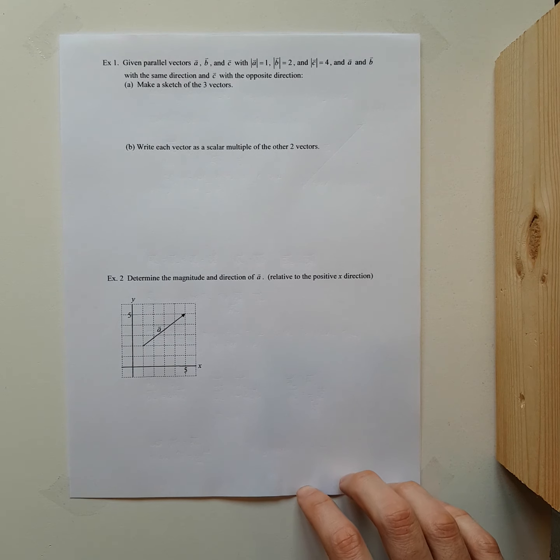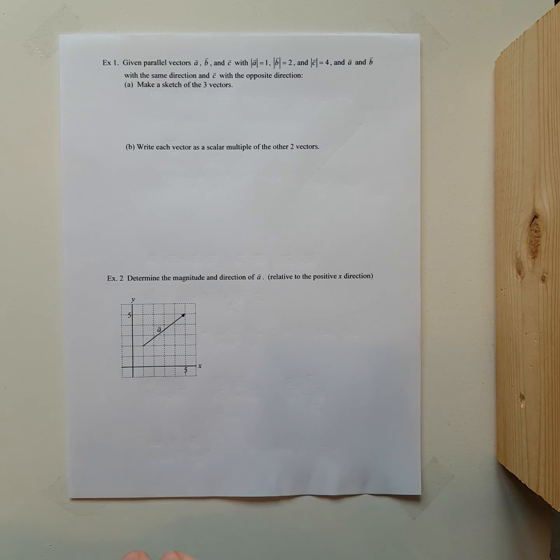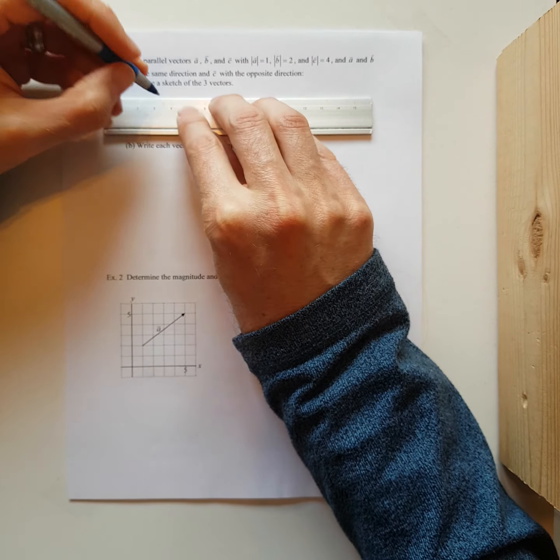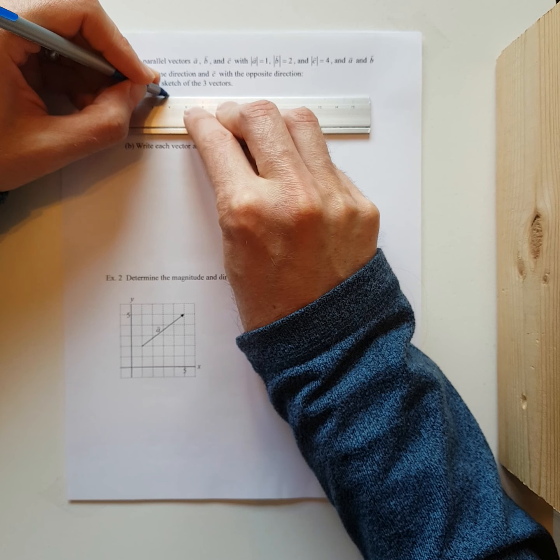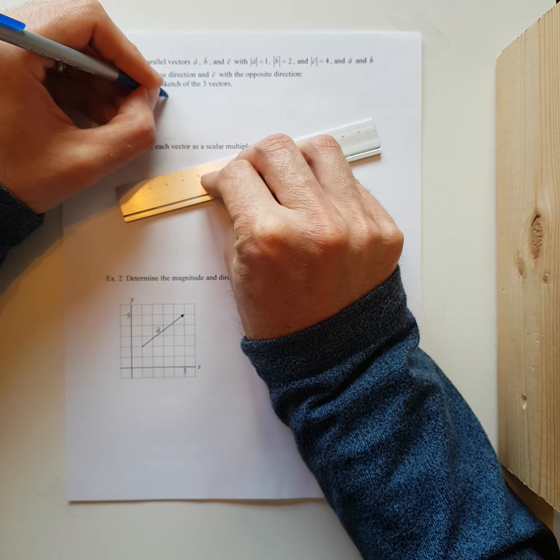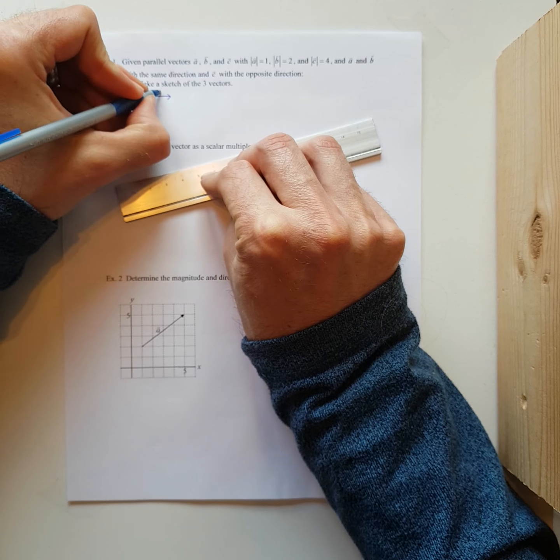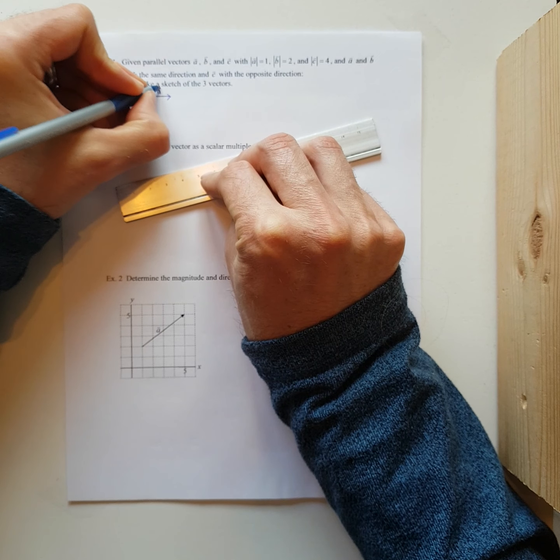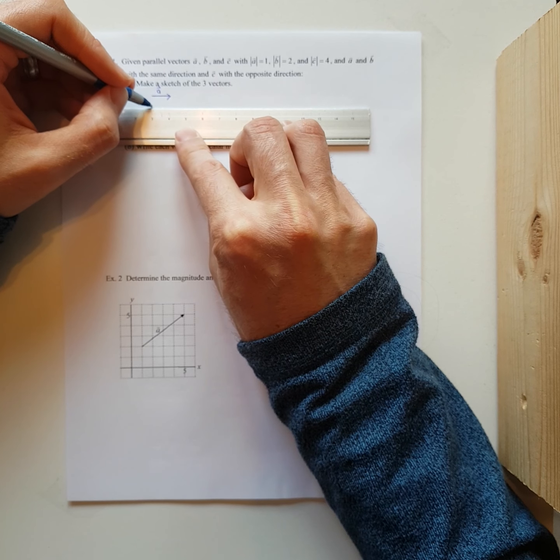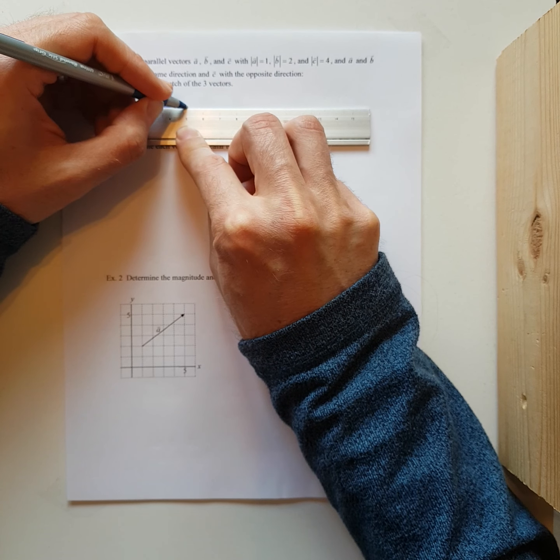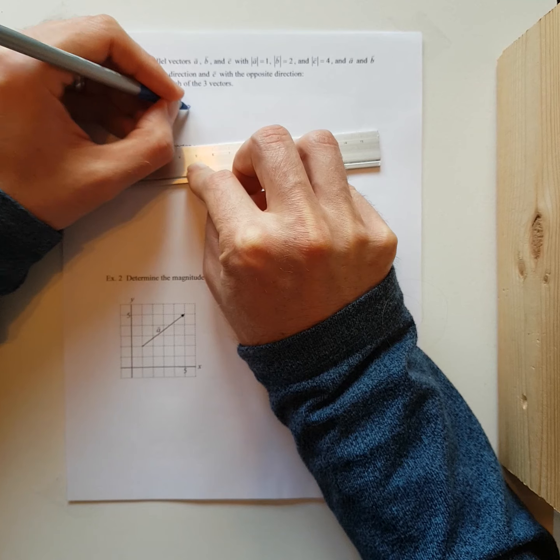So part A says, let's make a quick sketch of what these vectors look like. My quick sketch is just going to be like this. The first one I'm going to draw to be about 1 centimeter long. I'm going to call that vector A. The second one, vector B, has to be twice as long. It has a magnitude of 2.